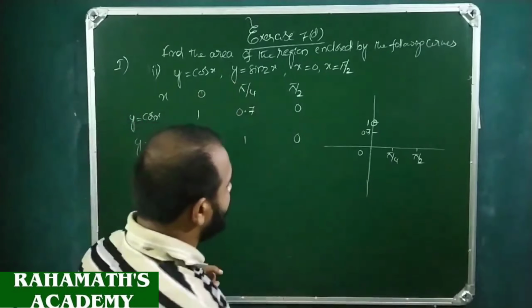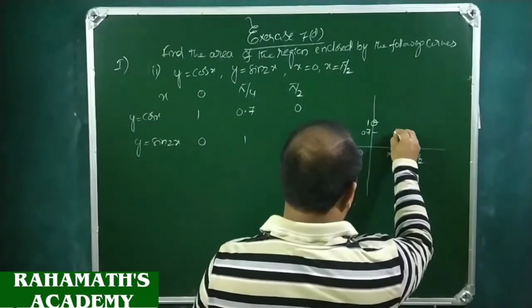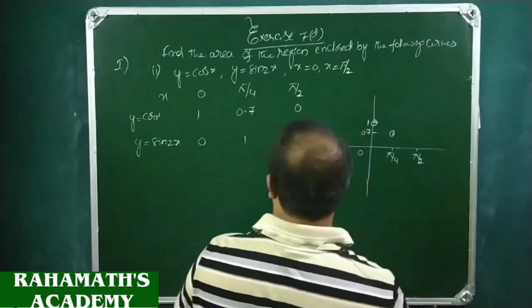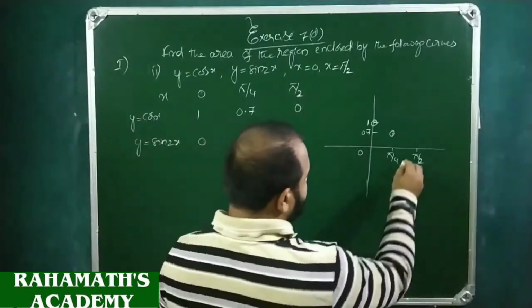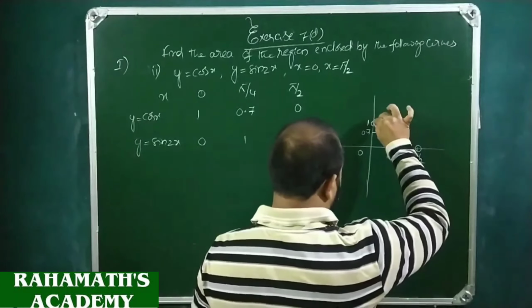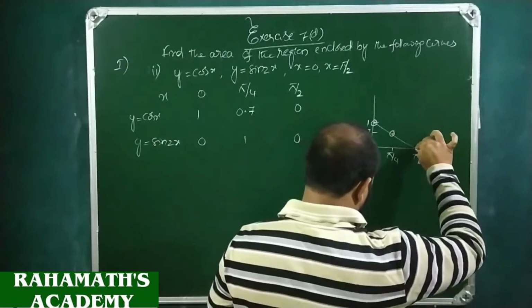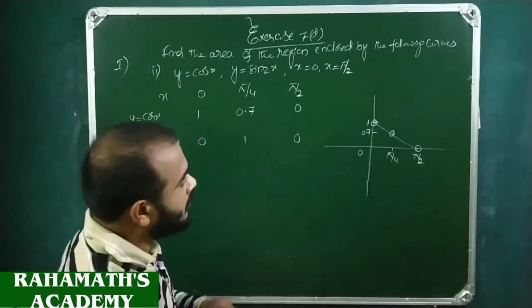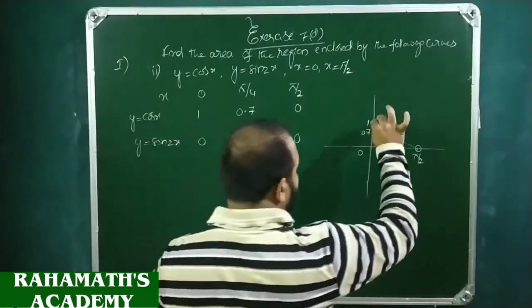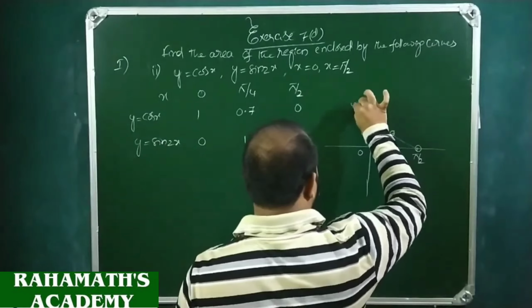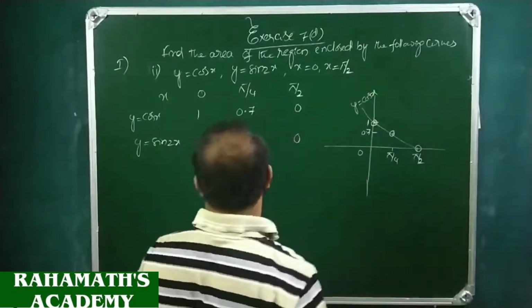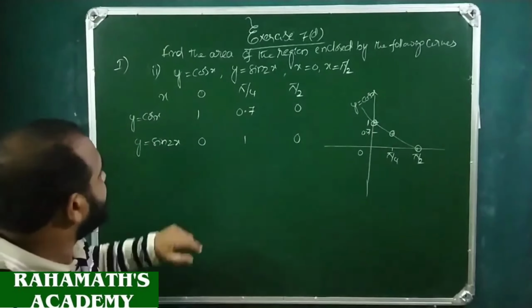Pi by 4, 0.7 is this. And pi by 2, 0 is this. You just join these points. So, what is this curve? This curve is y equals cos x. Now, y equals sin 2x.